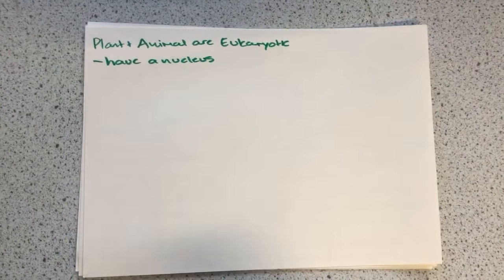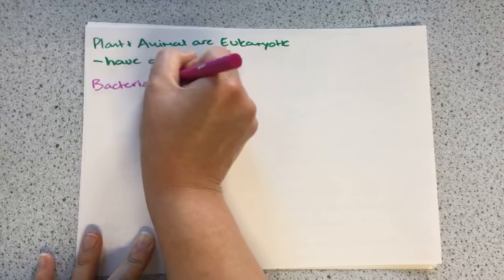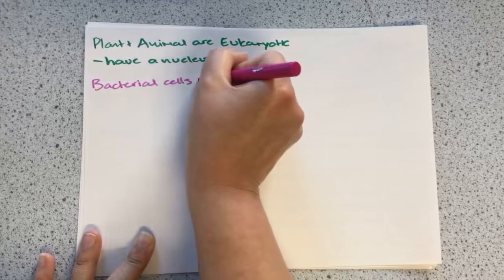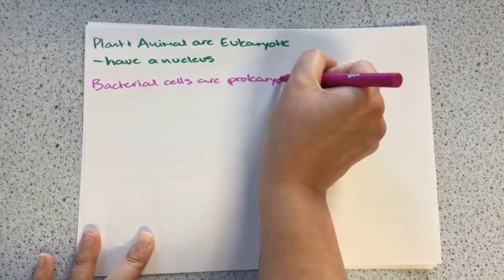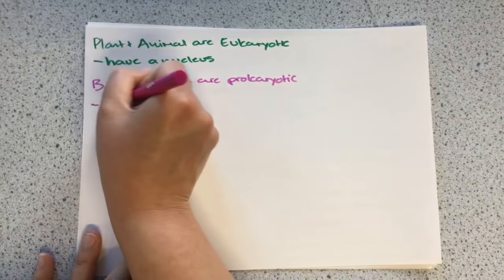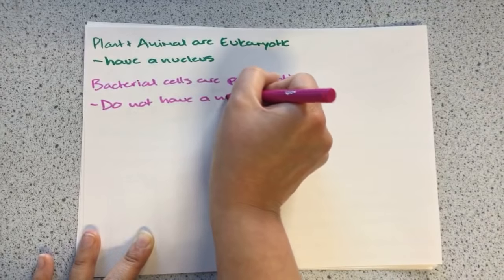Bacterial cells are prokaryotic, which means they do not have a nucleus.